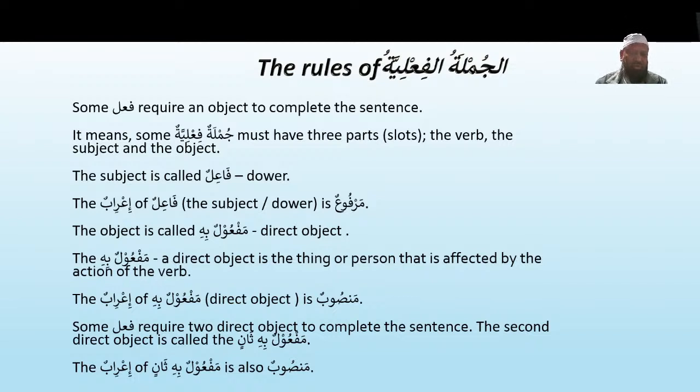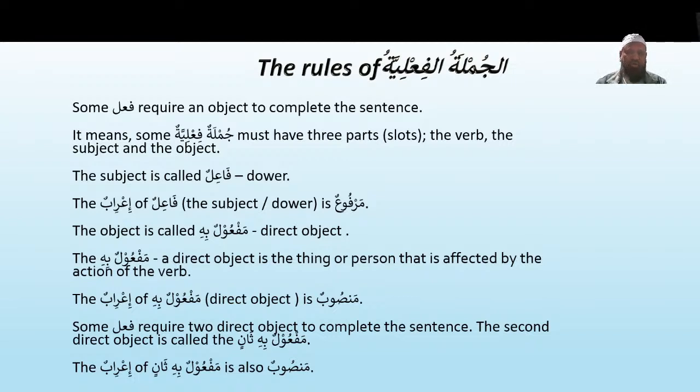Let's say this is only 2 rules. We're just going to learn the terms, or the slots, the names of other things we're going to be adding. Otherwise, in terms of i'rab, it is the same. These are the only 2 you have to remember: marfu'un and mansubun. There's only one type of ism that is marfu', and that is fa'il.